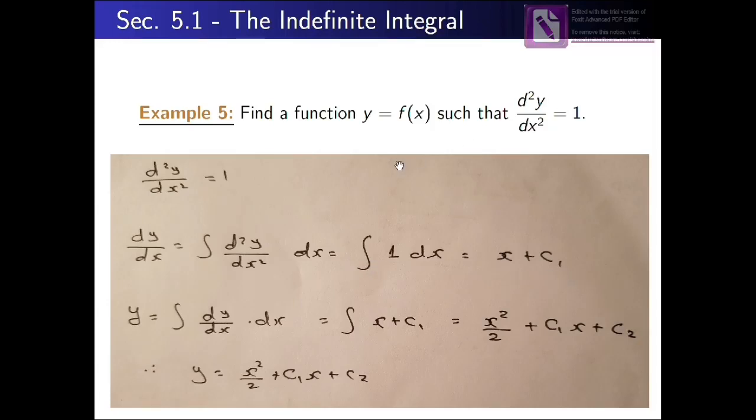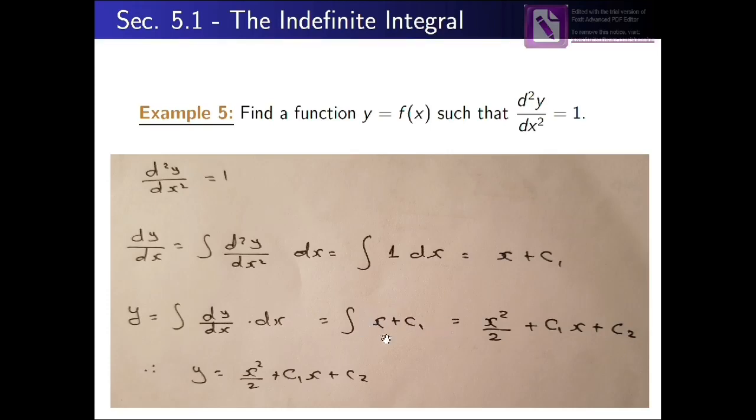We don't want to find dy over dx, we want to find y. So to find y, we also need to integrate dy over dx. So y will be the integration of dy over dx, which is the integration of x plus c1 d of x. Sorry, I missed d of x here, so you have to write d of x.